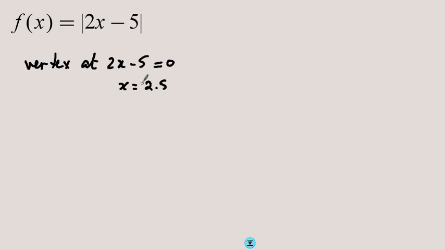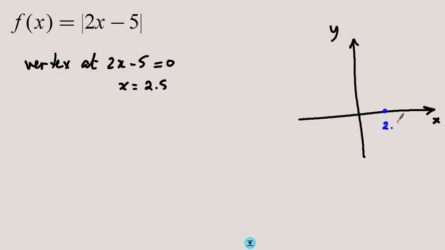So I can quickly sketch, and my vertex is at 2.5. Let's say this is 2.5. It's going to be V-shaped, and when x is 0, the absolute value of -5 is 5, so it's going to be here, more or less.